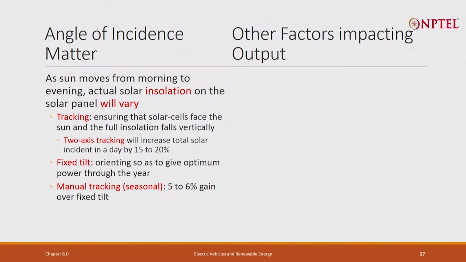Angle of incidence: essentially you have to face the sun. So, ideally you should move the solar panels as the sun moves from one side to another. In 2 axis tracking, the sun may move from north to south, and can also tilt, going on the horizon all the way.